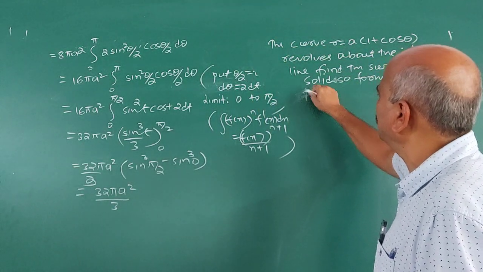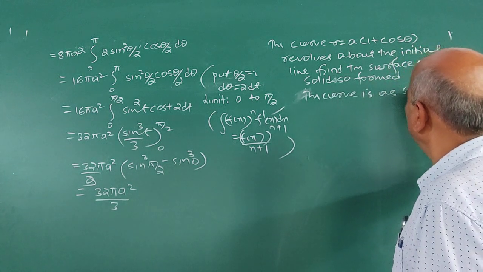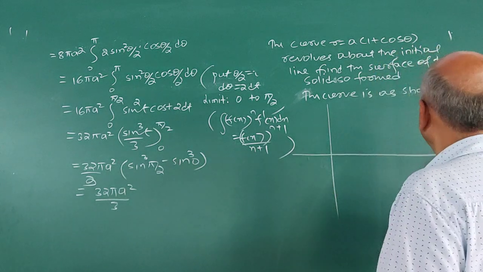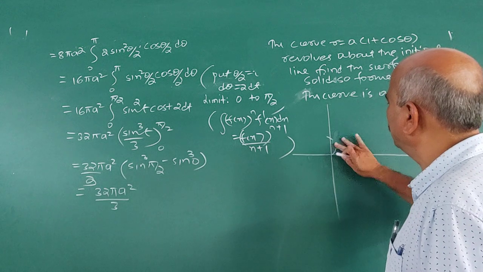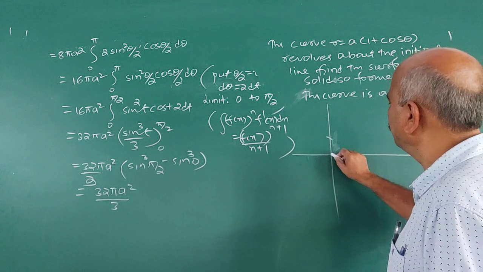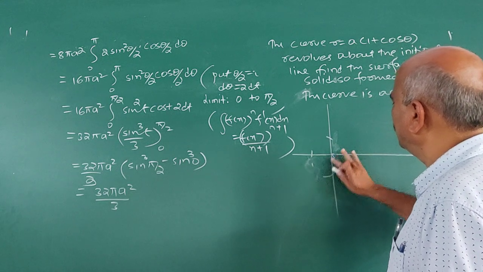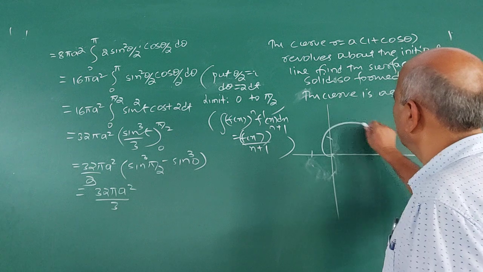The cardioid is as shown below. This is the line theta is 0, theta is pi by 2, and the cardioid is like this.